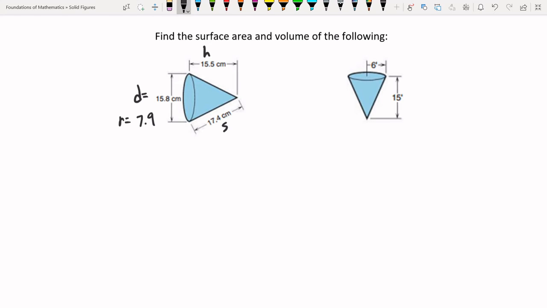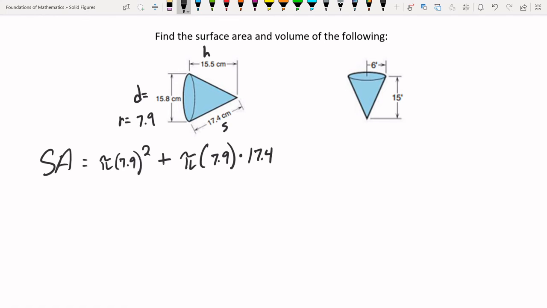And now the surface area of this cone is going to be the area of the circle on the bottom, which is pi times the radius squared, added to pi times the radius of the cone, which is 7.9, multiplied by the slant height, 17.4. That's the formula for surface area.